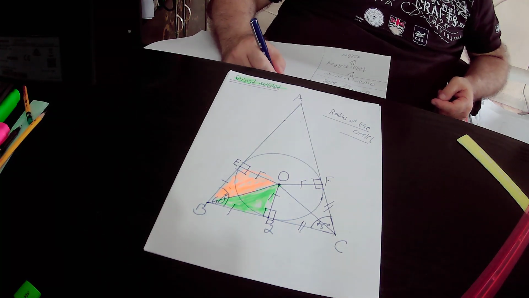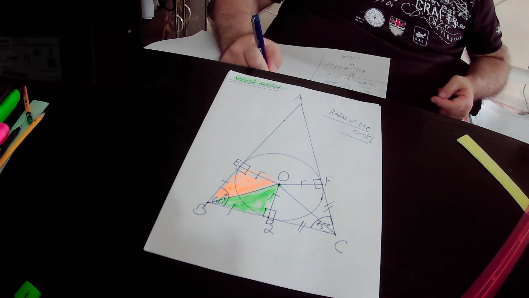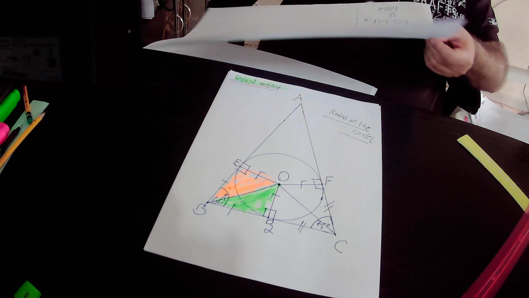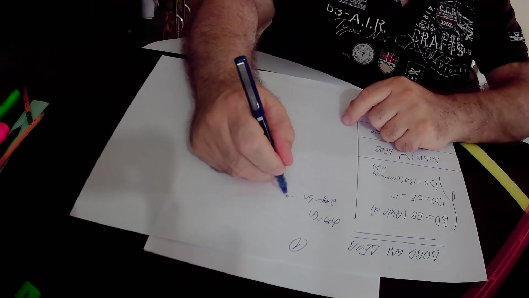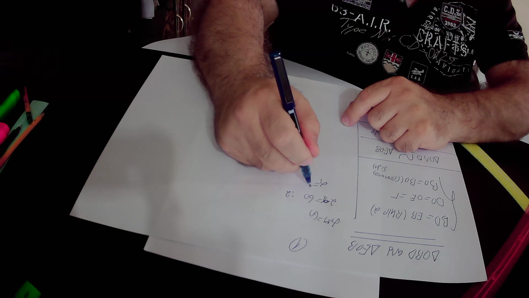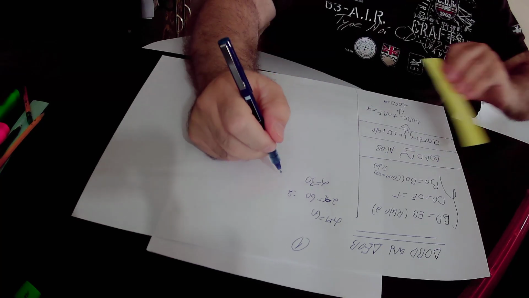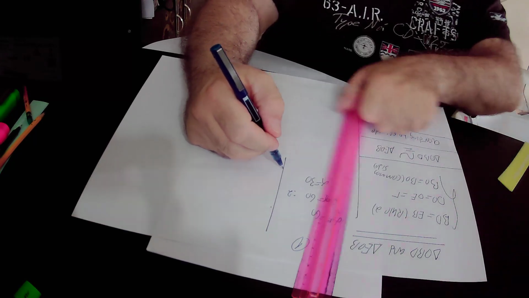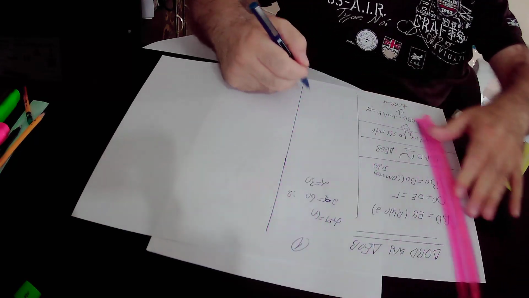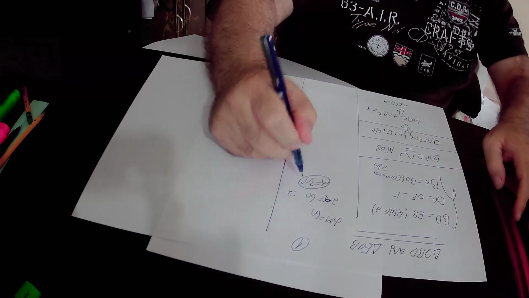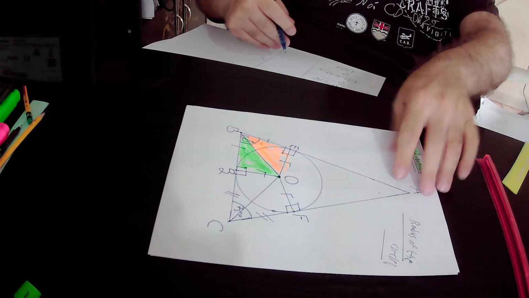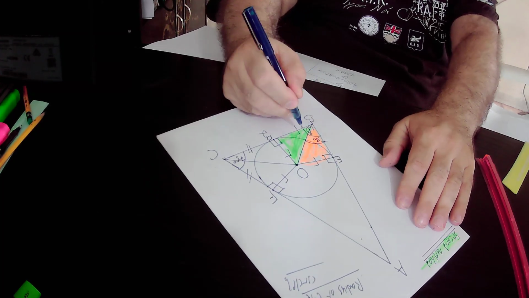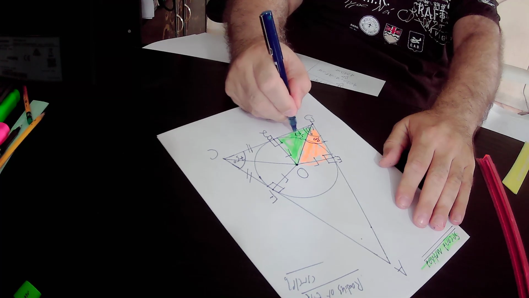Alpha plus alpha is 2 alpha equals 60 degrees. We divide the equation by 2 and we get that alpha equals 30 degrees. So I can write here that this angle alpha equals 30 degrees, and this angle is also equal to 30 degrees.